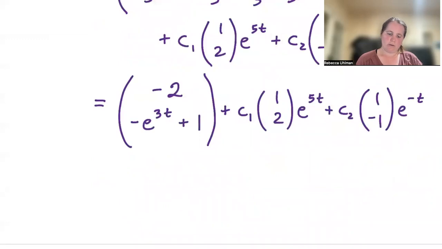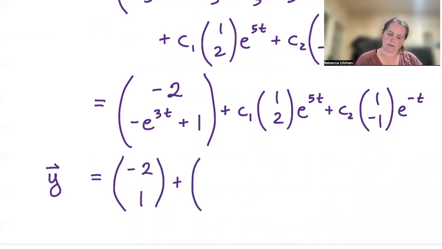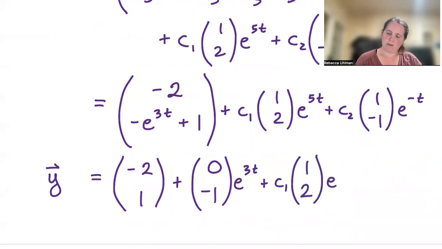If we wanted, we could rewrite this as y is equal to, we have the constant vector -2, 1 plus the vector 0, -1 times e to the 3t plus c1 times 1, 2 times e to the 5t plus c2 times 1, -1 times e to the -t.